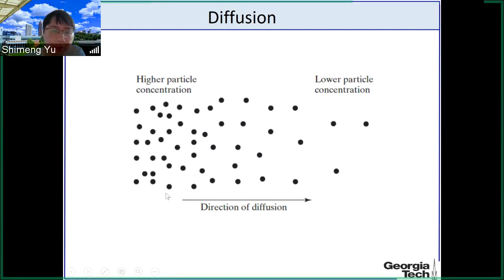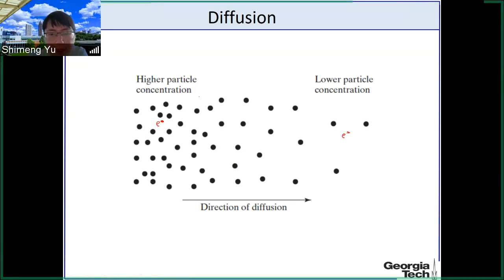For example, here you have higher concentration of the electrons in this region to the left, and then you have lower concentration of electron in this region to the right. So you know those electrons, like particles, tend to diffuse out from high concentration region to the low concentration region.